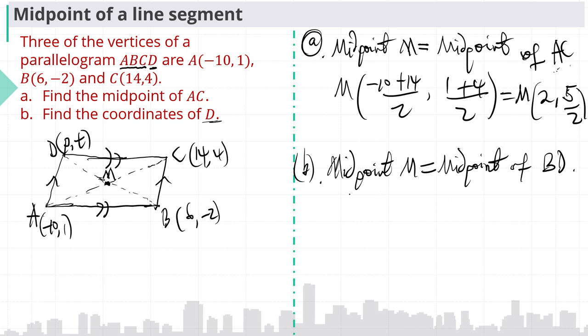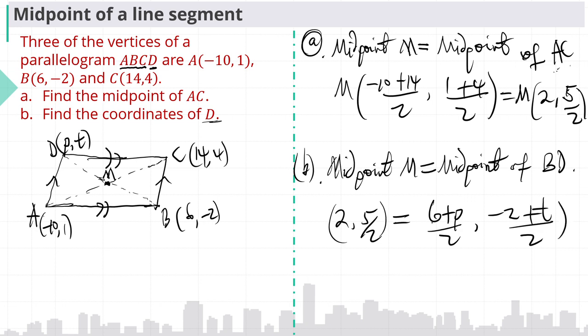So we have got midpoint M as 2, 5 over 2. Now midpoint of BD, how do we calculate it? We add the x coordinates of the endpoints, that's 6 plus P divided by 2, comma, minus 2 plus T divided by 2.